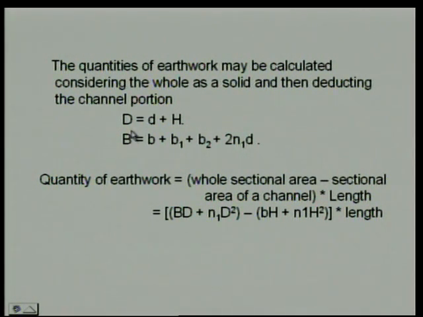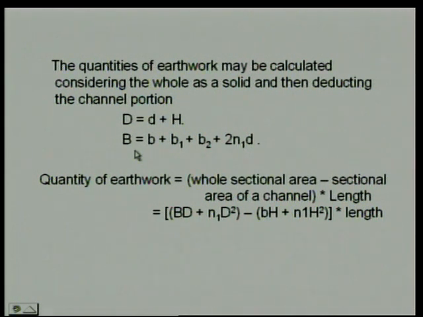That is, considering the total as a solid section and then deducting the channel portion, we get the capital D, which is nothing but small d plus h, where D is the total depth, small d is the depth of the channel portion, and h is the height of banks.